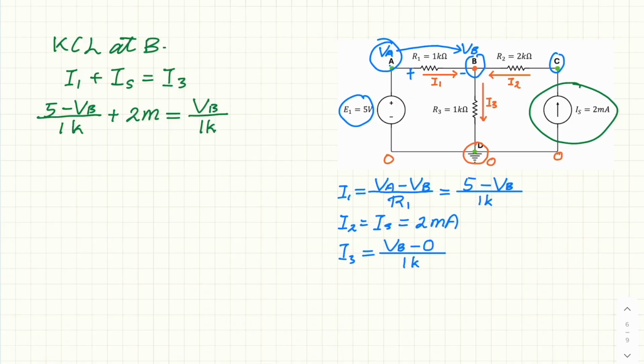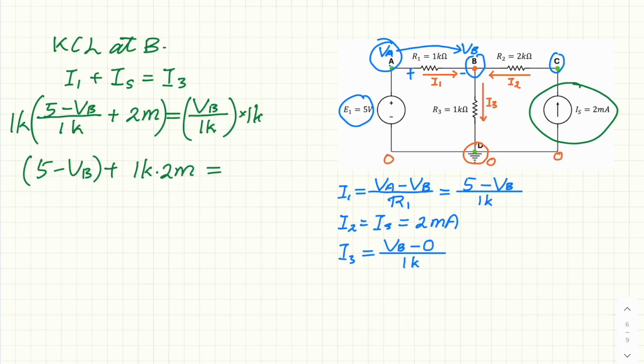Now this equation has 3 terms, and the denominator is 1K. So we can multiply both sides by 1K. We multiply here by 1K, and we multiply here by 1K. So this becomes 5 minus VB plus 1K multiplied by 2M equal to VB.